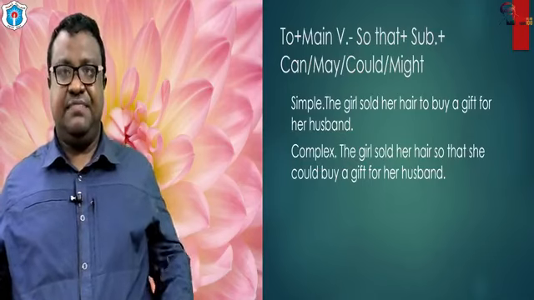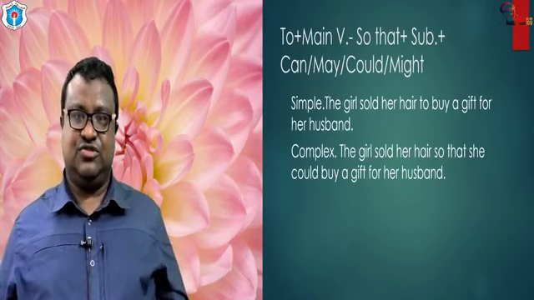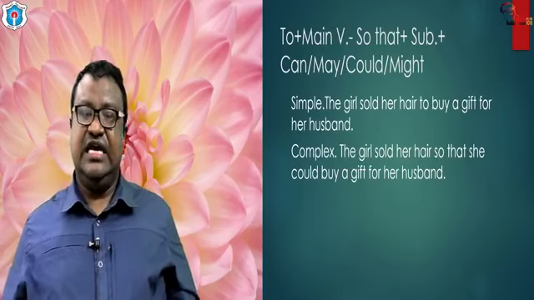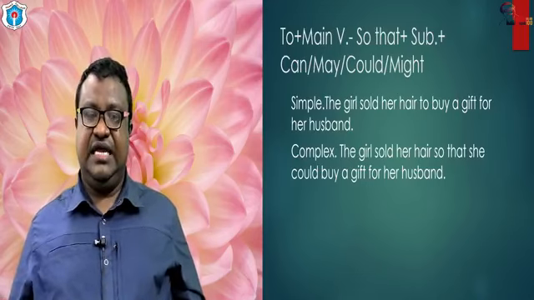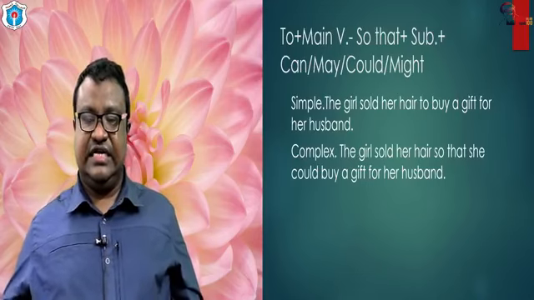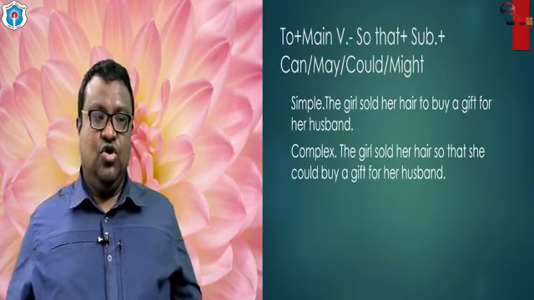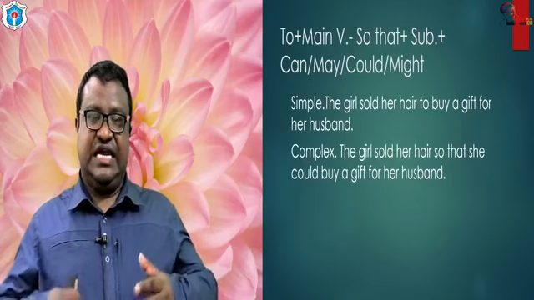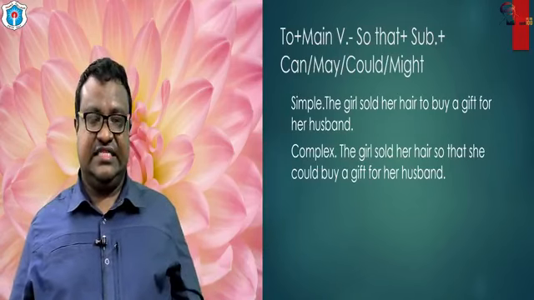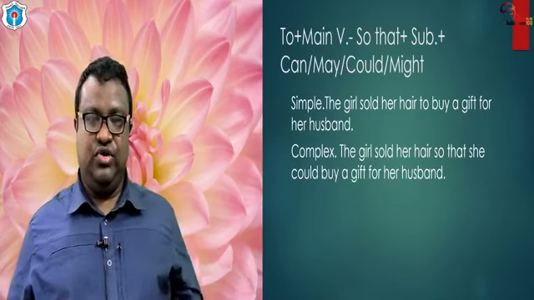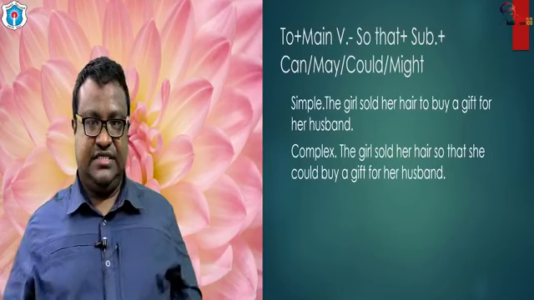So it can be done in two ways, that is, the army is fighting so that they can ensure the safety of the people of the country, or the army is fighting so that the safety of the people of the country can be ensured. So even if there are two different subjects, the structure will remain the same, that is, can or could plus the main verb plus the other part.